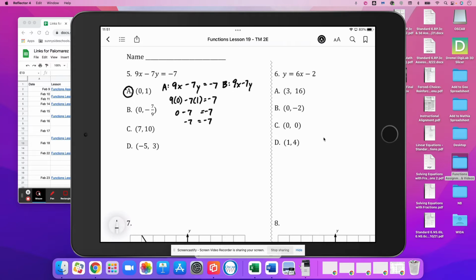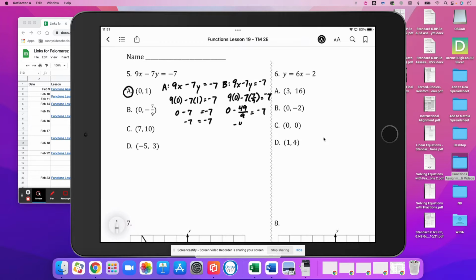For b, 9x minus 7y equals negative 7. So 9 times 0 minus 7 times 7 ninths equals negative 7. And so we would have 0 minus 49 over 9 equals negative 7.